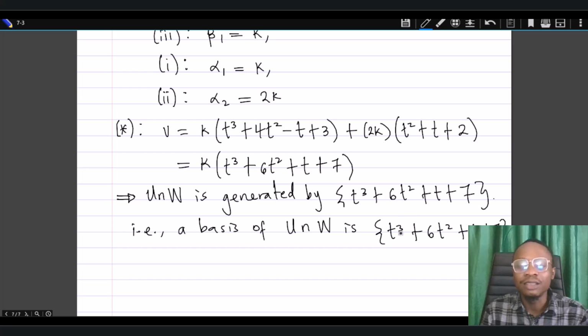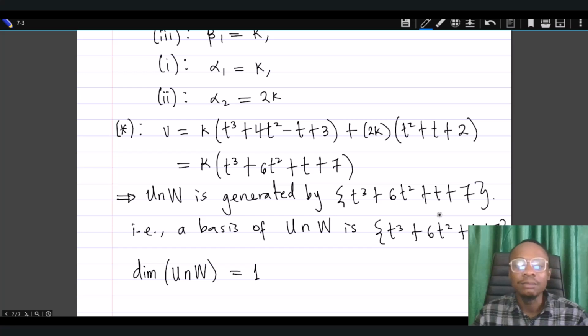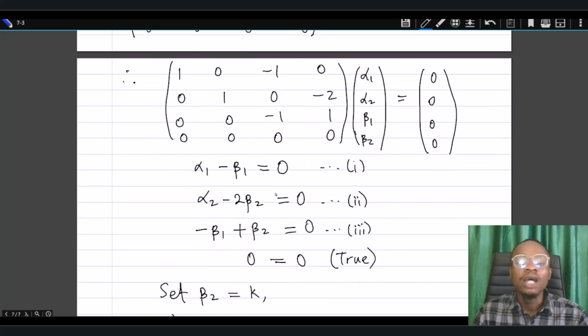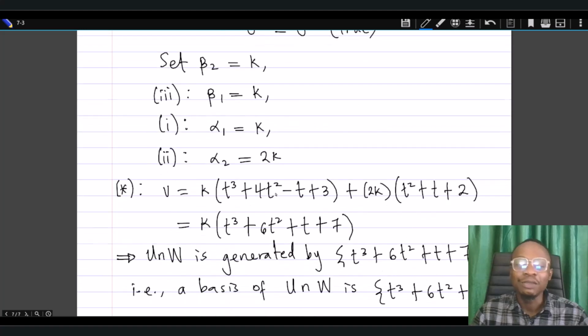Okay, so this is the set that generates this vector subspace U intersection W, and that tells us that the dimension of the subspace U intersection W equals 1. Why? Because we have only one vector in its basis. So this is the process to follow every time and anytime we have to solve this problem.